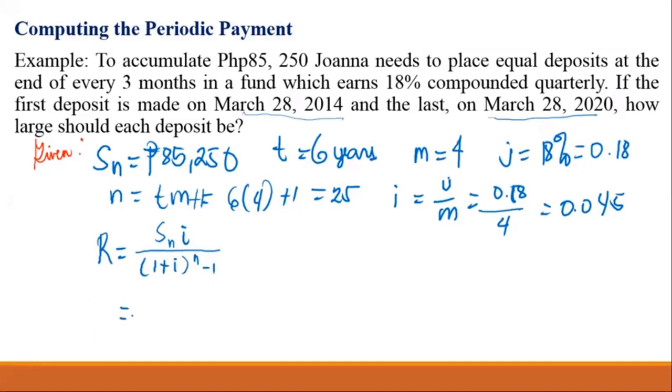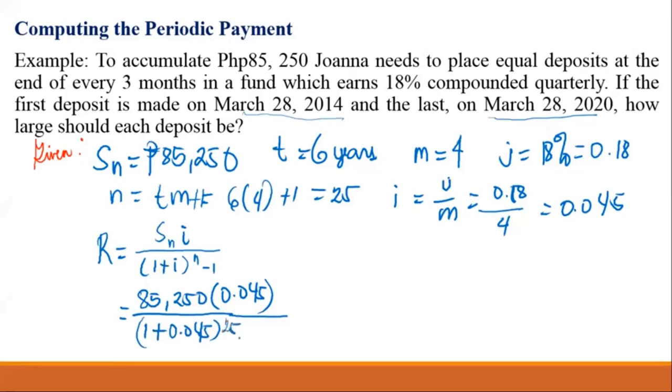Yung future value natin is 85,250 times i, which is 0.045, yan yung interest rate per compounding period natin, over 1 plus 0.045 raised to n, yung number of payments in the annuity, which is equal to 25.